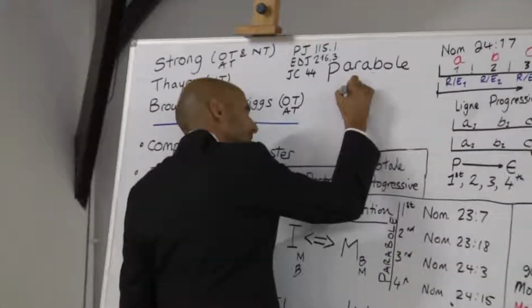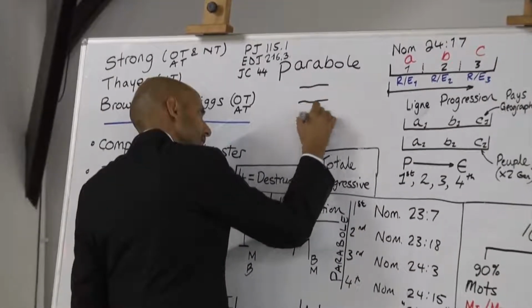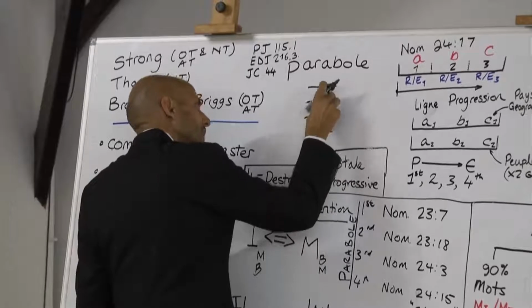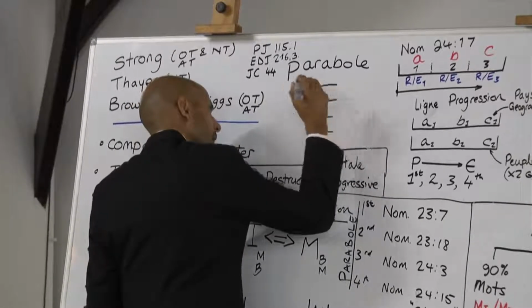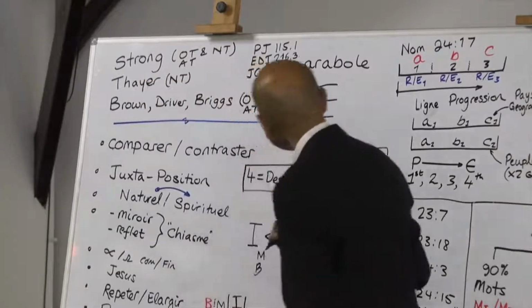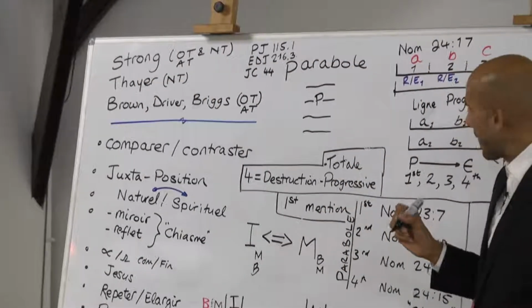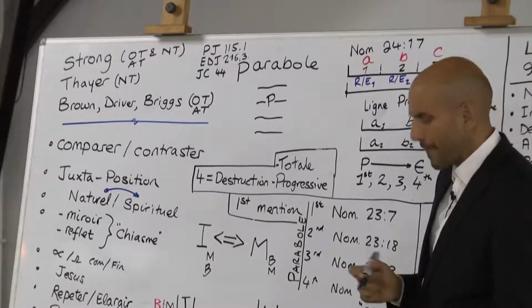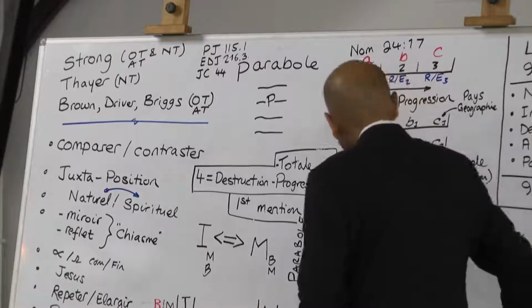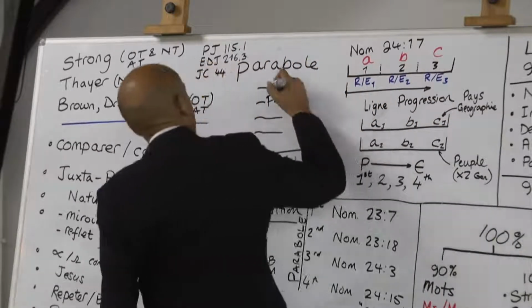So I've got these verses, and here's the word parable. What we mustn't do when we're using this rule of first mention is look at the Hebrew number.